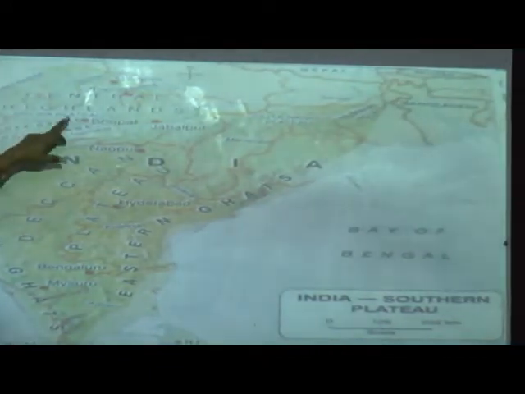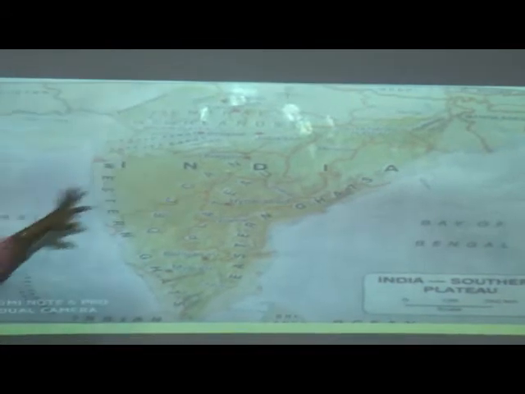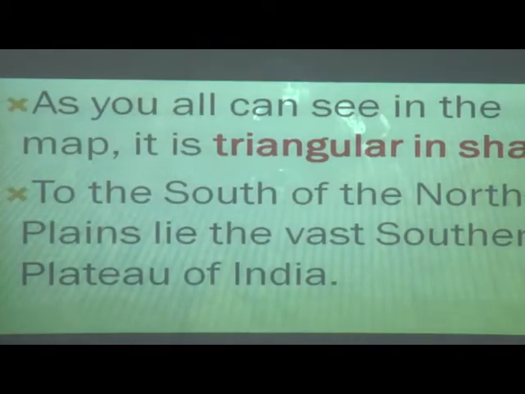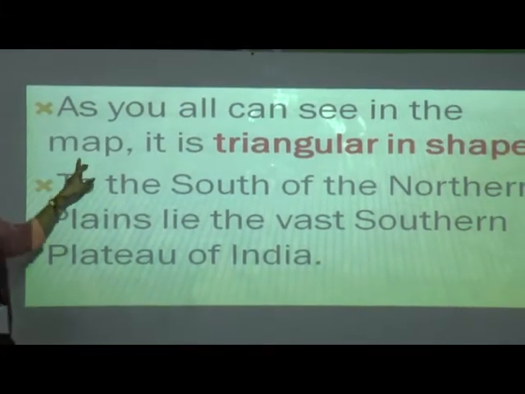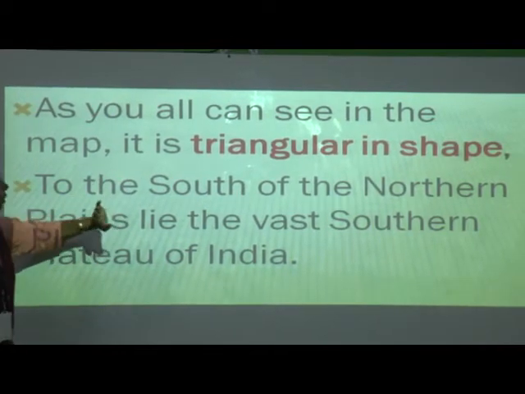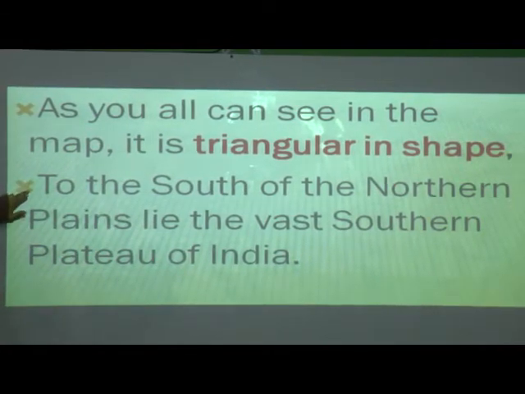The lower part is the Indian Ocean, you already know it. The upper part has the Central Highlands. In triangular shape, the southern part is the vast Southern Plateau of India.